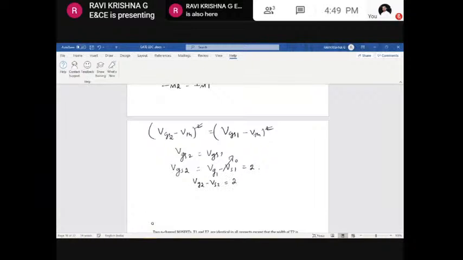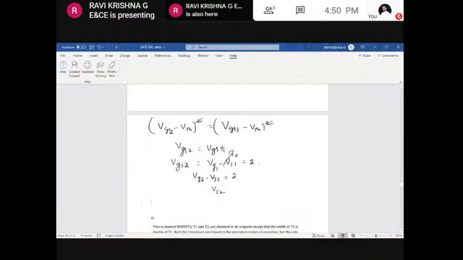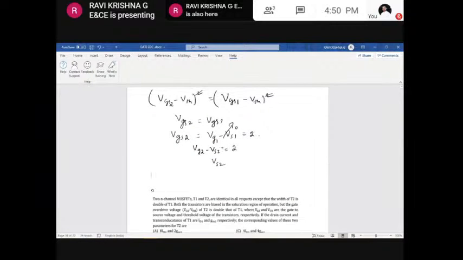We don't know the value of VS2, but VG2 is 2.5 volts. So VS2 is equal to 2.5 minus 2, which is equal to 0.5 volts. So the voltage at the source side of the second transistor is obtained as 0.5 volts.